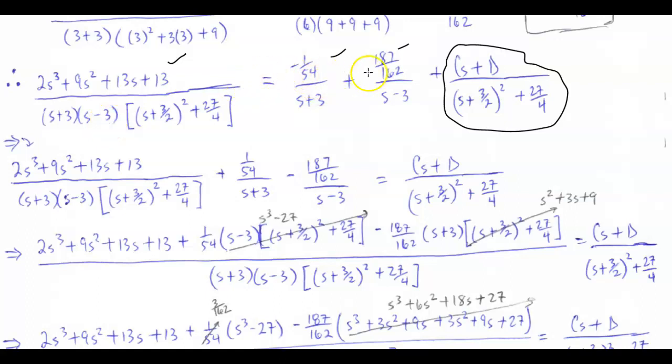So when I add this term to both sides and subtract this term from both sides, and combine everything together, what I should get is a result where the numerator has factors of s plus 3 and s minus 3.